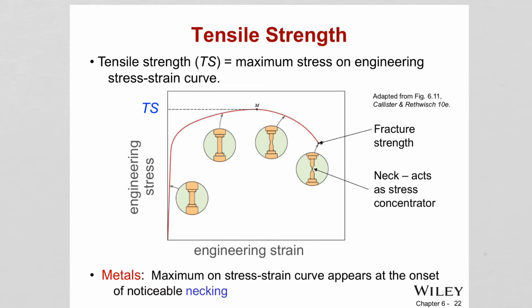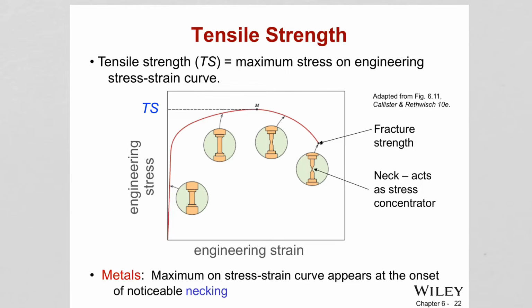That is the maximum stress on the engineering stress-strain curve. The stress-strain curve we have learned so far is called the engineering stress-strain curve, because the force data is divided by the original cross-sectional area, but in reality the cross-sectional area is changing throughout the test, and that doesn't include that information.